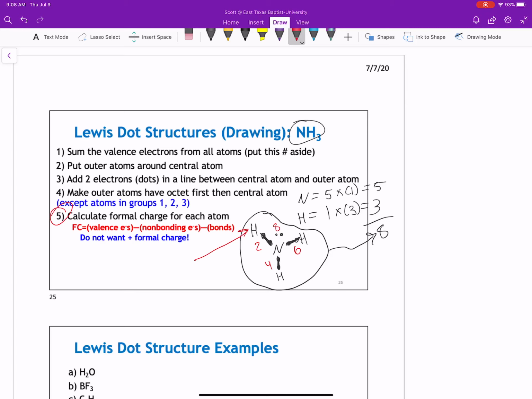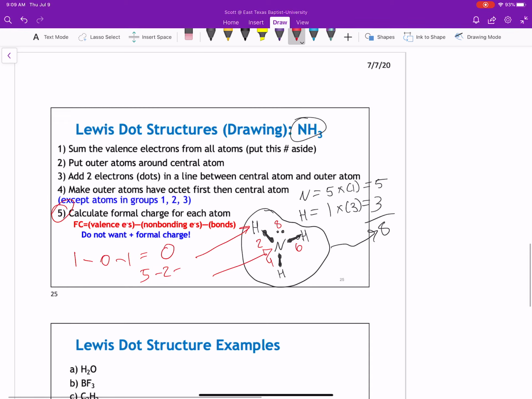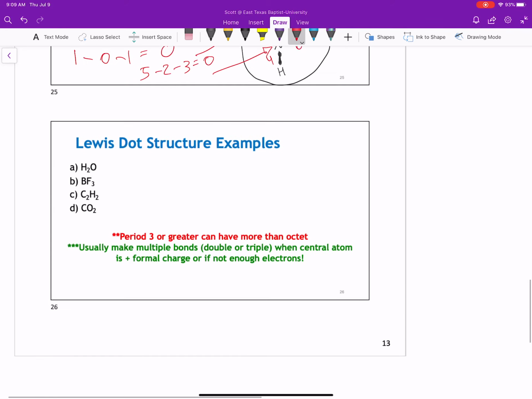Number of valence electrons is 1 according to your periodic table, minus number of non-bonding is 0, minus number of bonds is 1, so that equals 0. So that doesn't have a charge on it whatsoever. The nitrogen has 5 valence electrons, minus 2 non-bonding, minus 3 bonds equals 0. So there's not a charge located on this structure, so we drew it correctly. That's how you calculate the formal charge.